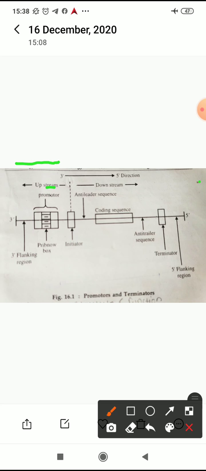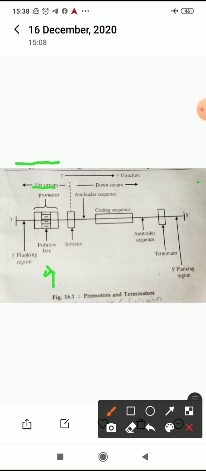See here, the promoter lies over here. So we will see some details related to the promoter. You can call it the promoter gene region.